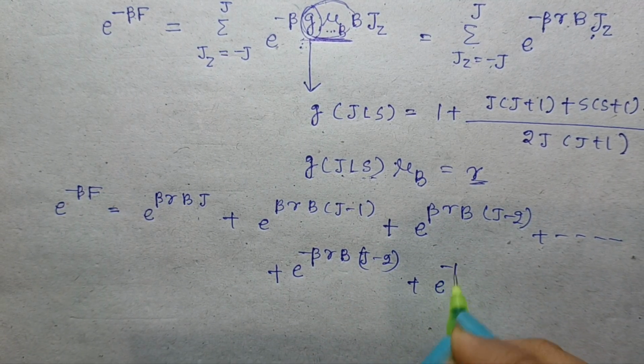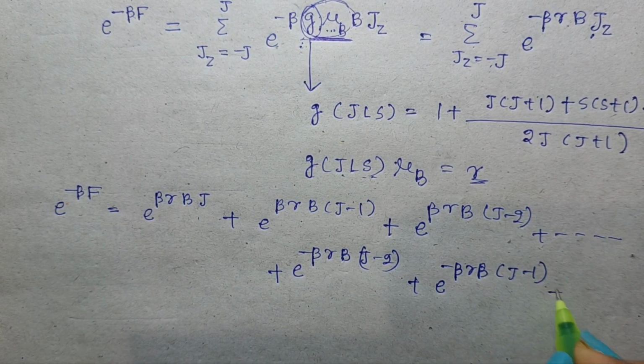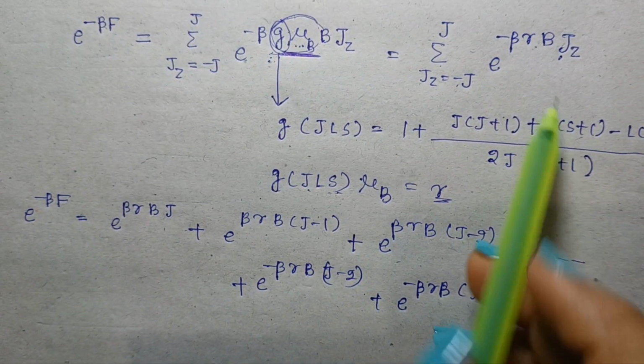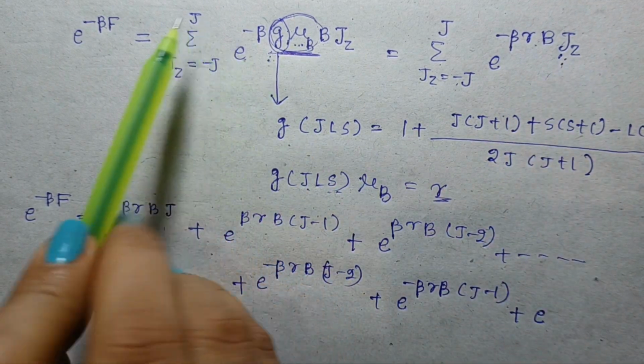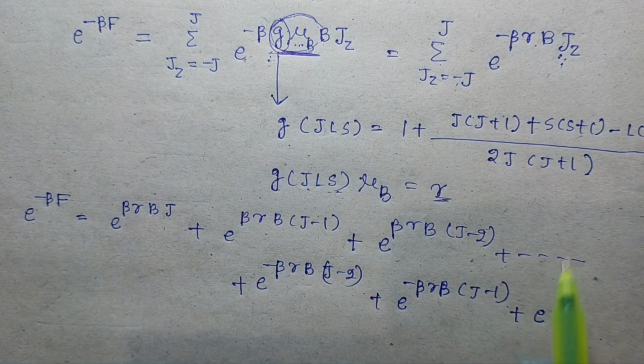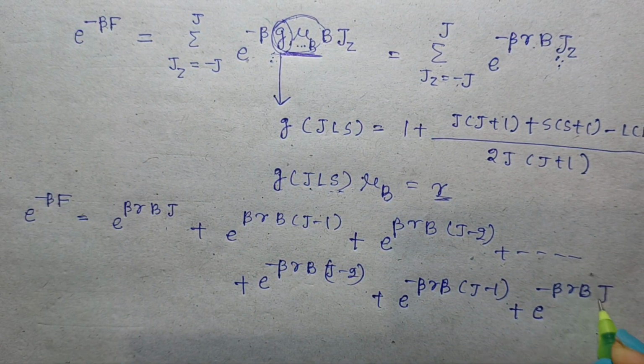Similarly e to the power minus beta gamma B (J minus 1), and the last, when I put Jz equals plus J, it will be minus beta gamma B J.